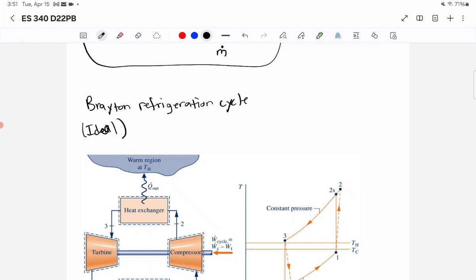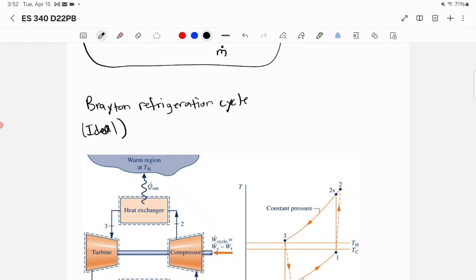So when dealing with jet engines, a simple type of cycle that can be analyzed is the Brayton cycle. But we can also use this obviously for refrigeration cycles, and in this case, it's a gas type, as you probably picked up from the fact that the Brayton power cycle could be used as a simple example of a jet engine.